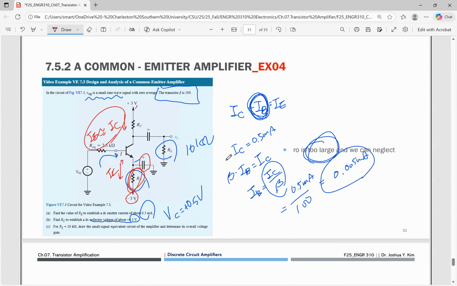Here, 3 voltage, and then the V sub C is the given 0.5, and we can find the I sub C.